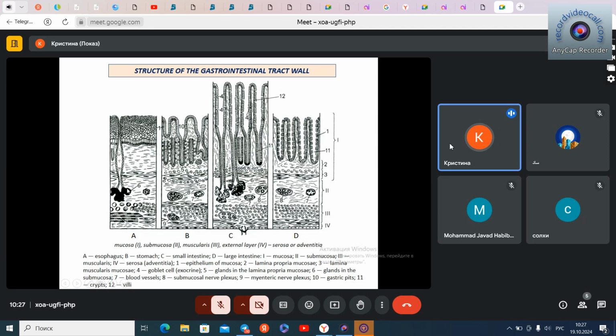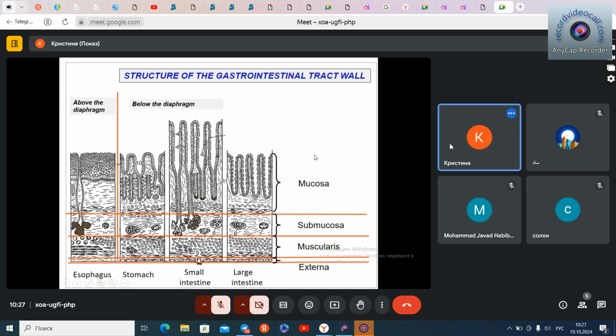The tunica mucosa, then tunica submucosa, then muscularis externa, and the outer layer, which can be adventitia in esophagus, and in all other organs, serosa. So all four layers are present everywhere.